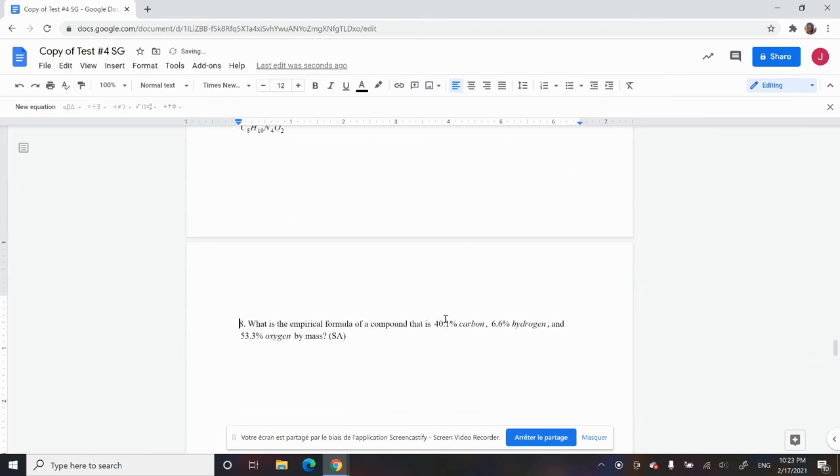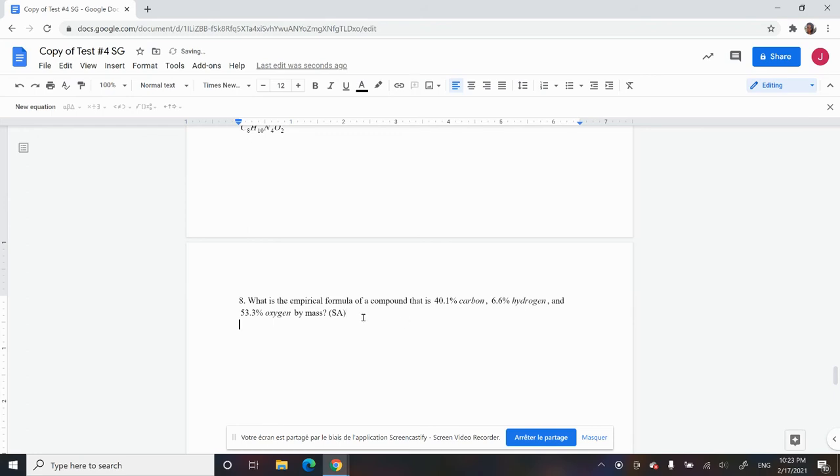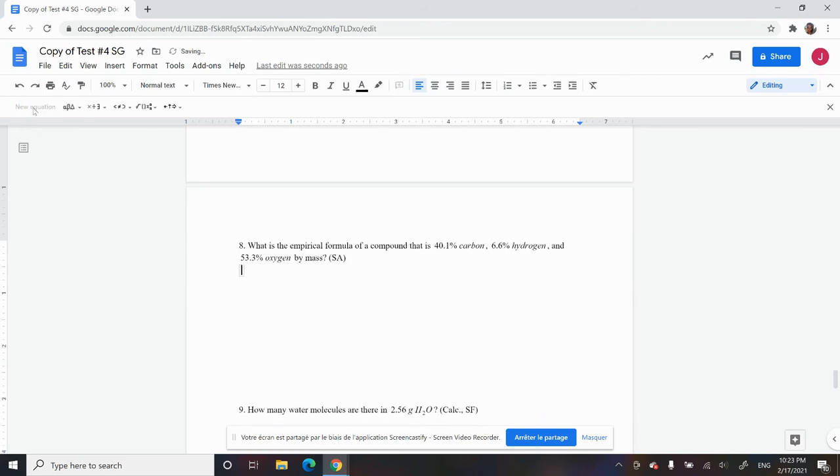Okay, for number 8, I actually do need to do a calculation to determine the molecular formula.